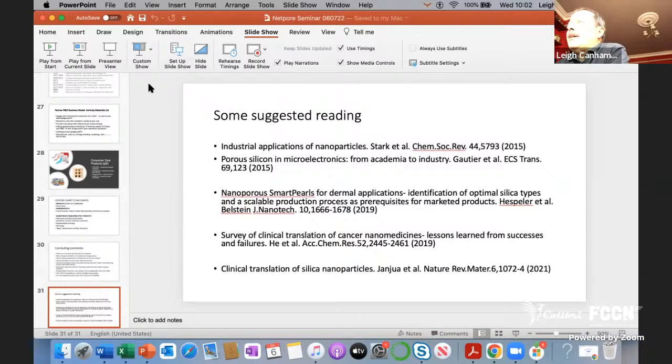So I think initially there will be nanoporous silicon products that are medium volume, quite high value products that will emerge.